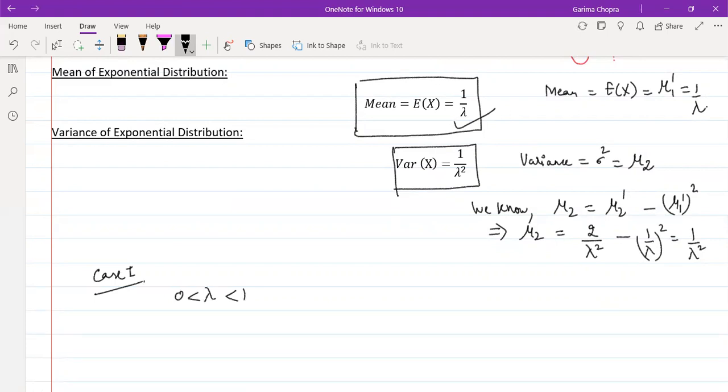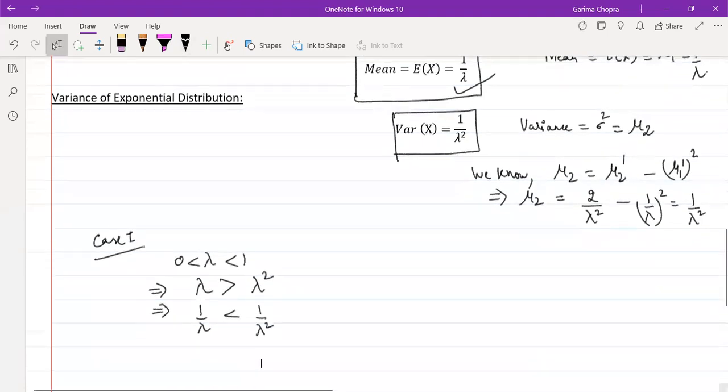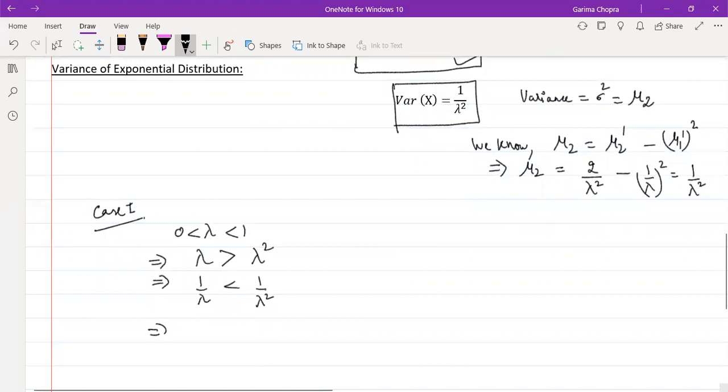If lambda is less than 1, then if we compare lambda and lambda square, lambda will always be greater than lambda square. If we take the reciprocal, the inequality will change. And what is 1 upon lambda? 1 upon lambda is the mean of exponential distribution. So for this case, we get that the mean is less than variance.